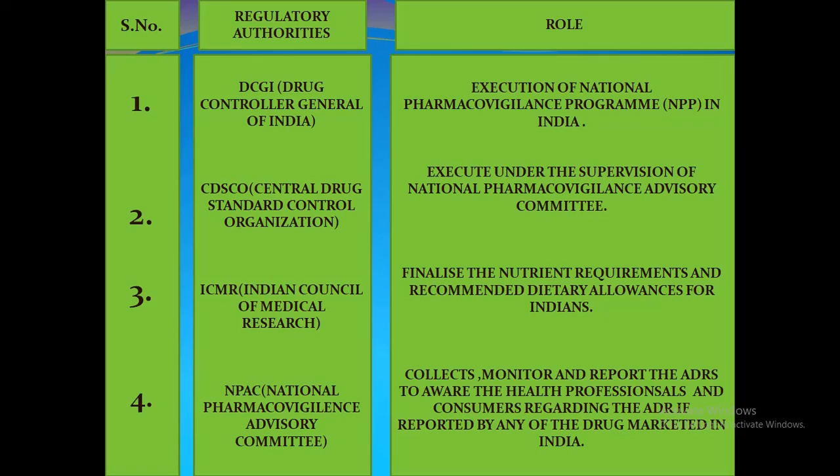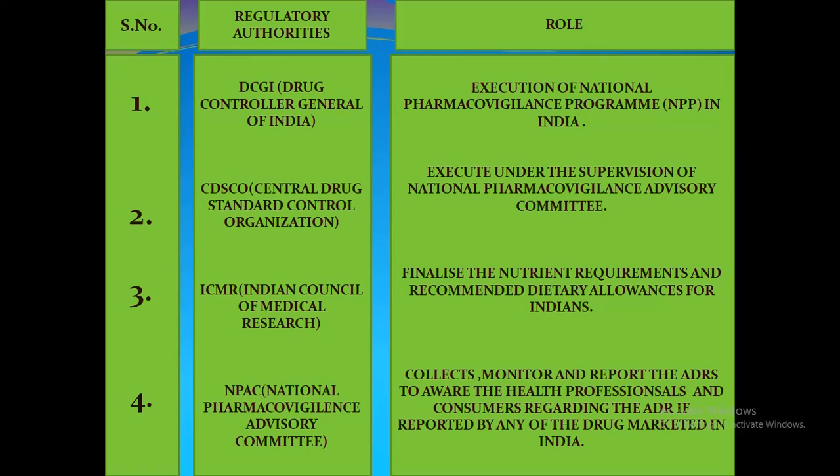Next authority is ICMR, that is Indian Council of Medical Research. The role is to finalize the nutrient requirements and recommended dietary allowances for Indians.